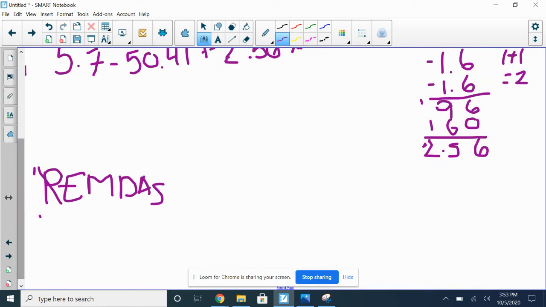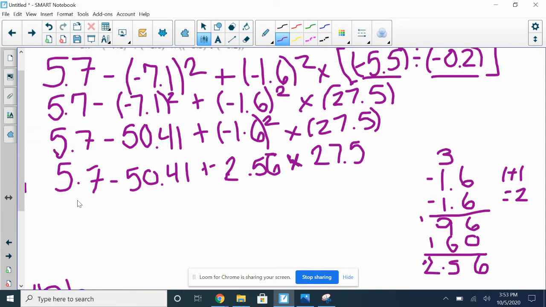All right. And so PEMDAS, we've done all of our exponents now. Let's go ahead, move on to our multiplication and division.